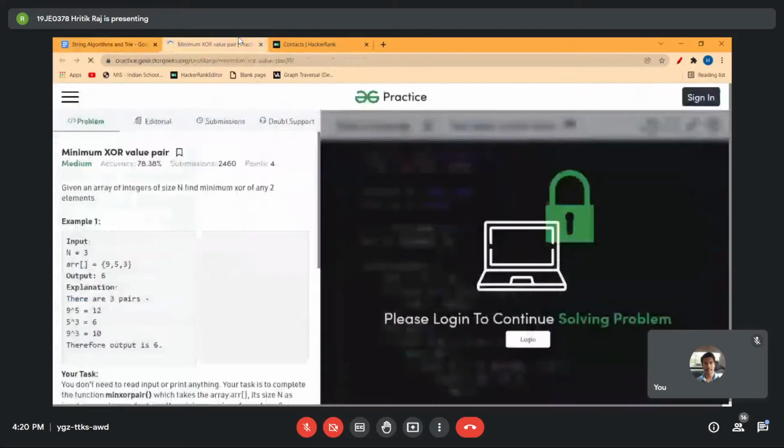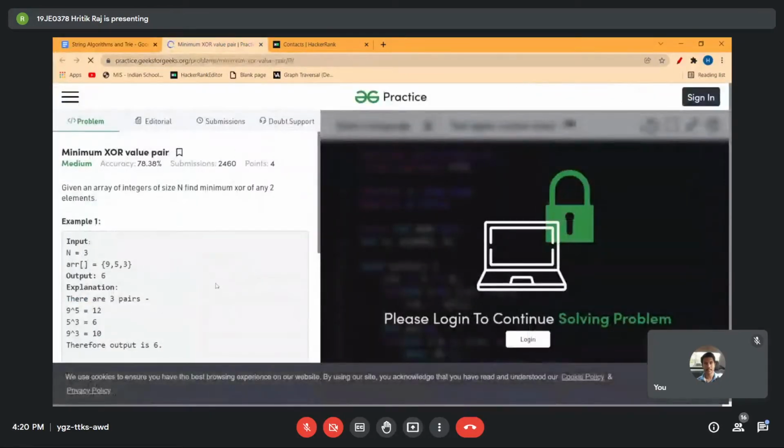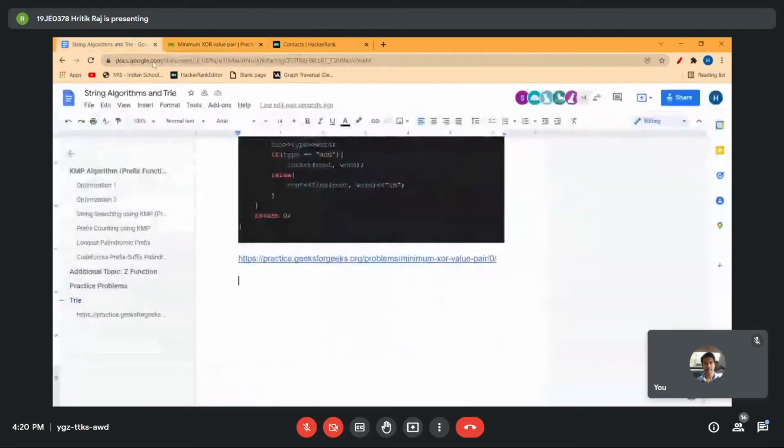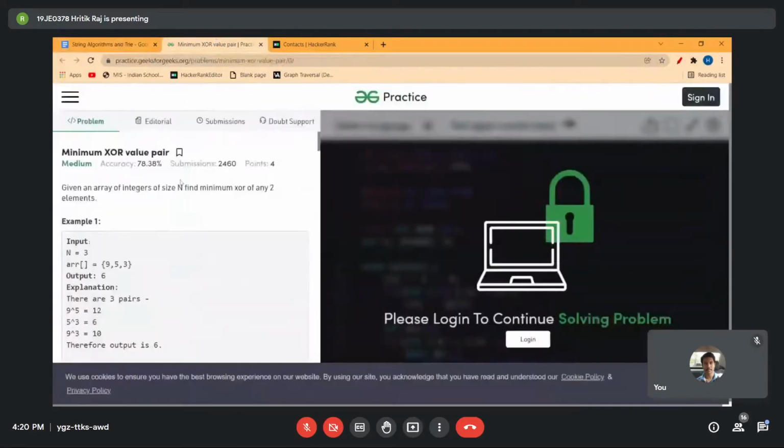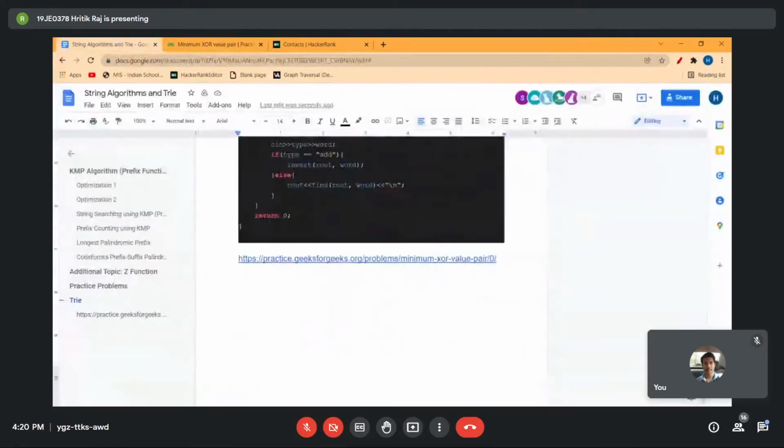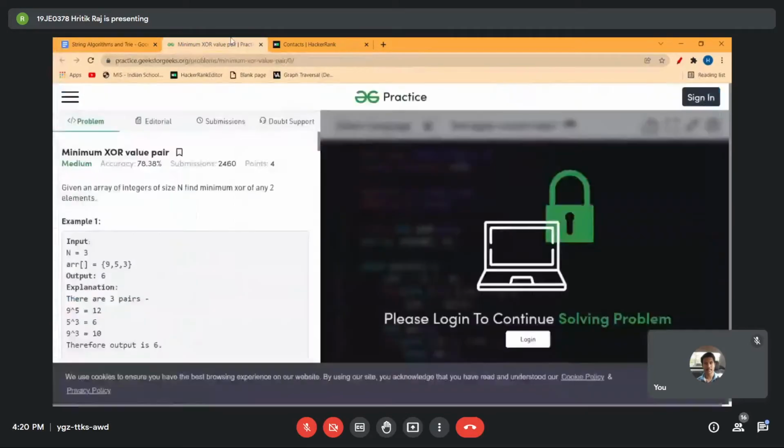So what would be the basic approach, the brute force approach? That will be n square. Yeah, that would be n square. So can you think of any optimized approach for this problem?